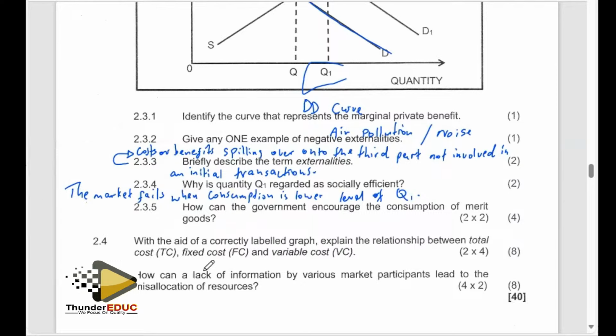Okay, right. Let's check 2.3.5. It reads as follows: How can the government encourage the consumption of merit goods?